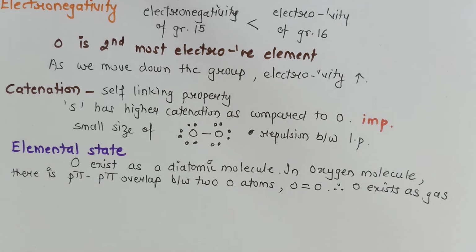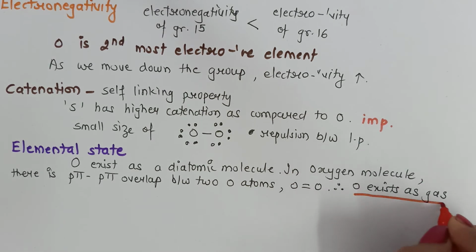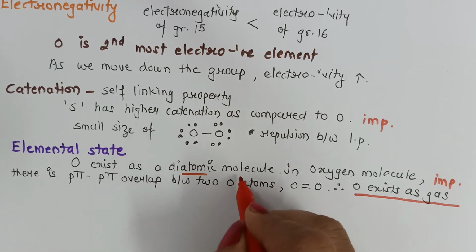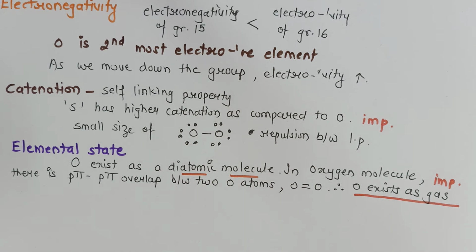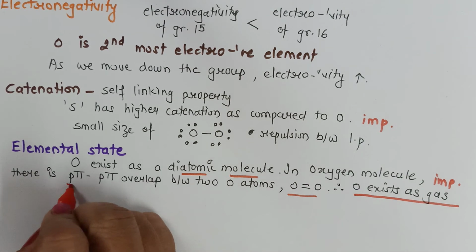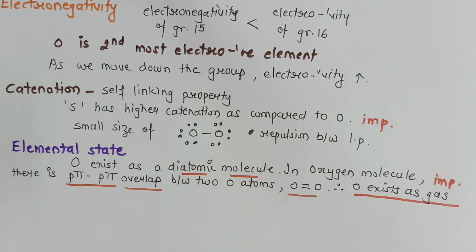If we look at elemental state of group 16 elements, then we'll find that oxygen exists as a gas. This is the most frequently asked question, that why oxygen exists as a gas. It is because oxygen is a diatomic molecule. Now in oxygen molecule, that is when it forms a double bond, we know there is a p-pi overlap. Like we have seen in nitrogen, it forms p-pi overlapping.